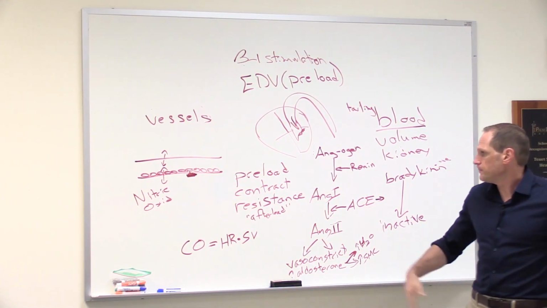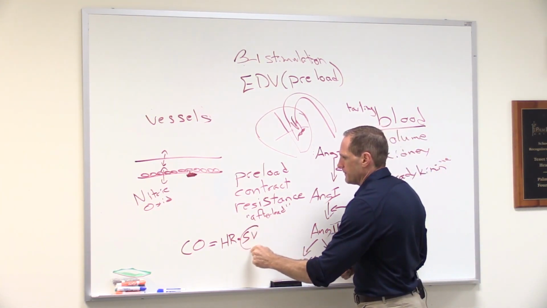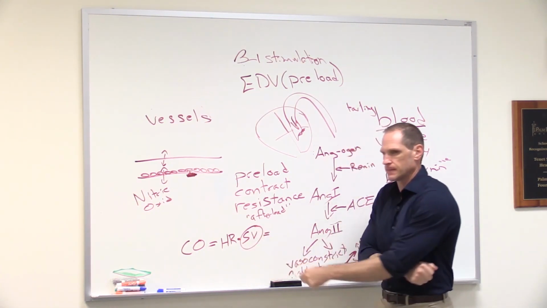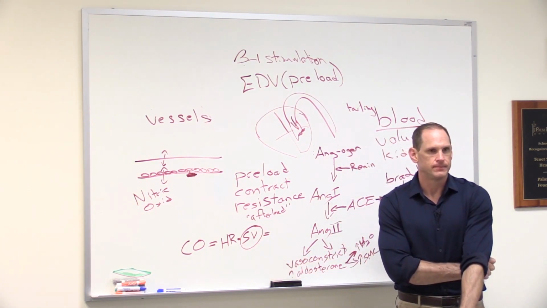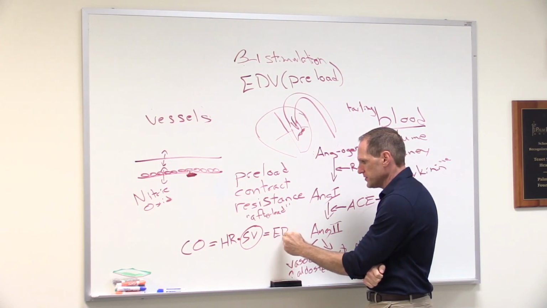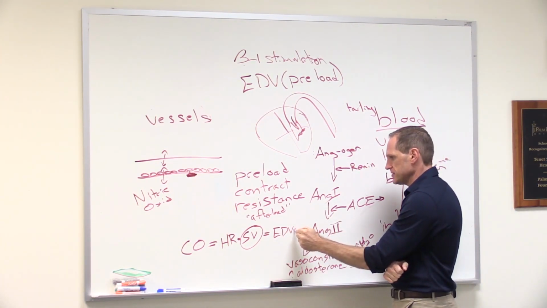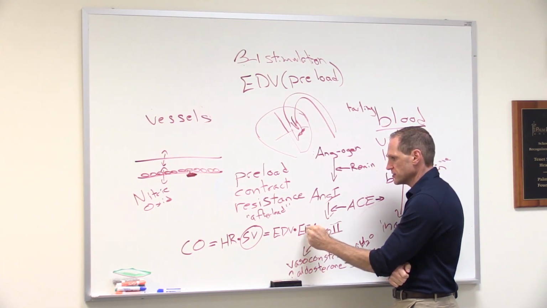So stroke volume in turn is determined by what? It's the end diastolic volume, also known as preload, times the ejection fraction.